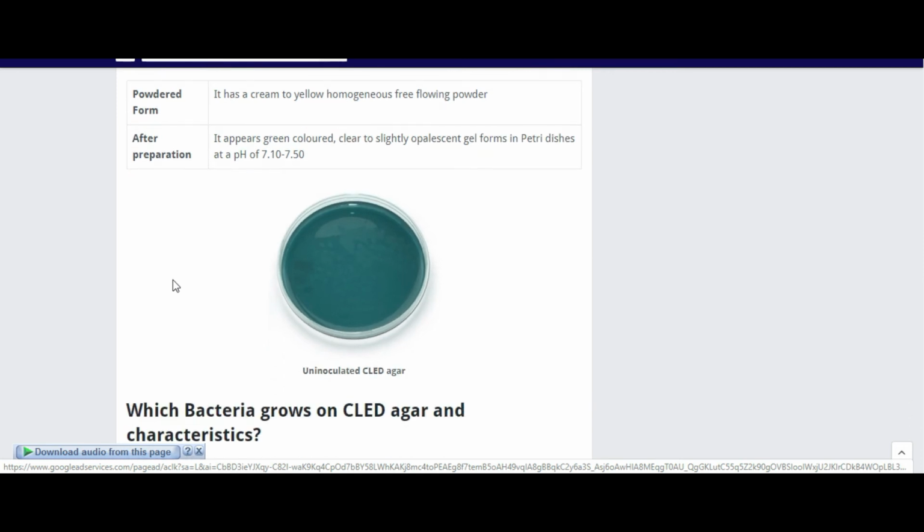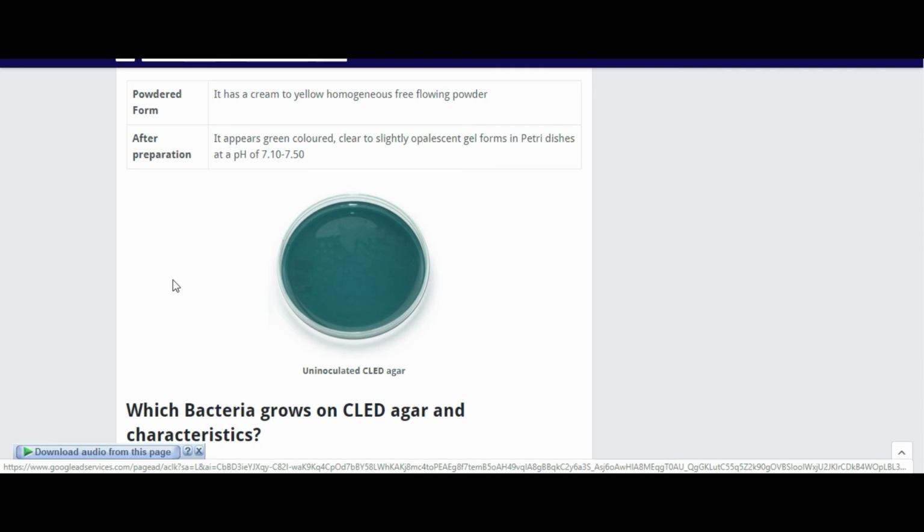Guys, it's very important to know the color and appearance of CLED Agar. I remember back in school, they used to bring us plates of different culture media and ask us to identify the media. It's a hint, because once you know the type of media based on its color, you obviously know the type of sample and the type of bacteria that can grow on the media. For instance, if they gave you CLED Agar, you obviously think of urinary pathogens.